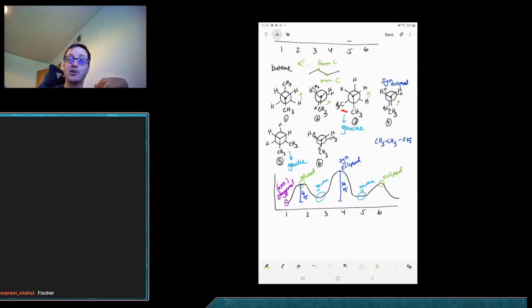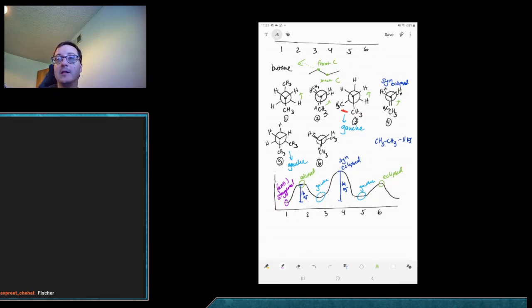It's higher energy than number 1, but not as high as eclipsed. Keep rotating. We now have our biggest groups right next to each other. That is syn-eclipsed, highest energy. We keep rotating. We go back to gauche and back to eclipsed, and then finally we'll go back to anti-staggered, if we go to number 7, which would be back to number 1.